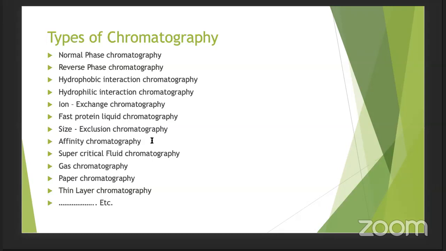Then comes affinity chromatography. This is also a very frequently used kind of chromatography. Here there is an interaction between the component and the stationary phase. It is used when you have to isolate or purify a protein, for example, antibody purification.